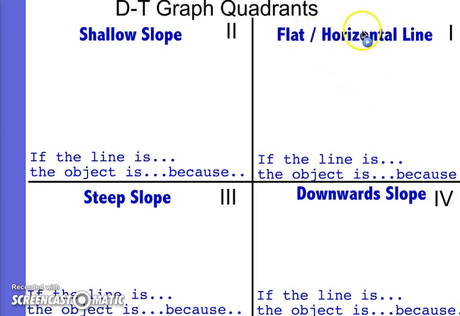Quadrant 1 is going to be titled the flat or horizontal line. Quadrant 2 will be titled shallow slope. Quadrant 3 steep slope, and quadrant 4 downwards slope. And as we go through the videos, you can pause at any time to write something down, rewind if you need to see it or hear it again as many times as you need.